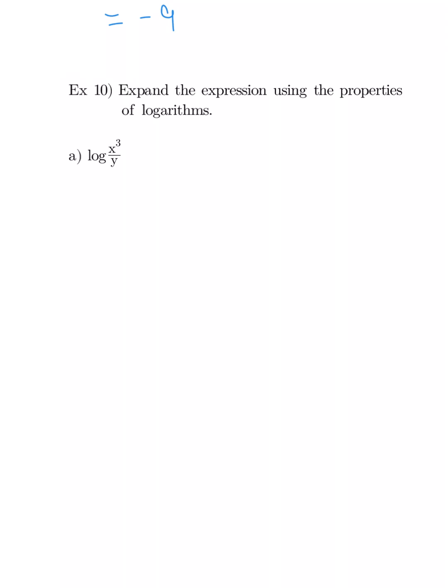That means that we are going to separate it into log base 10 of the numerator, x cubed, minus log base 10 of the denominator, y. We are not complete until any exponents have been dropped to the front as coefficients. So the first term will become 3 times log base 10 of x. Second term stays the same as log base 10 of y.